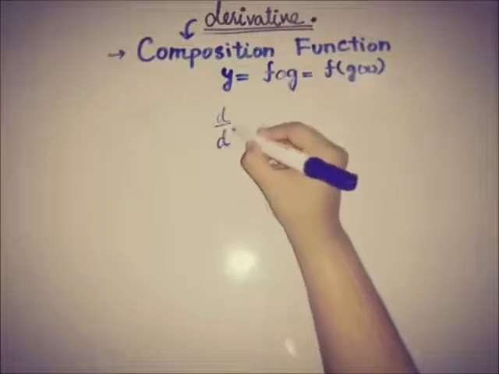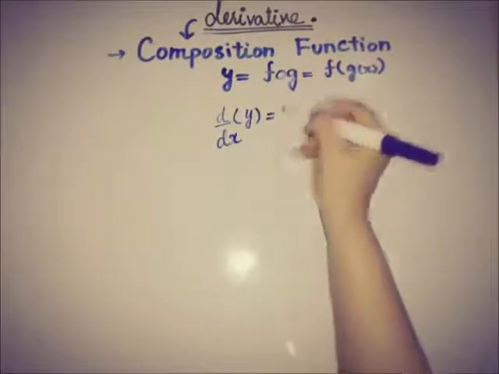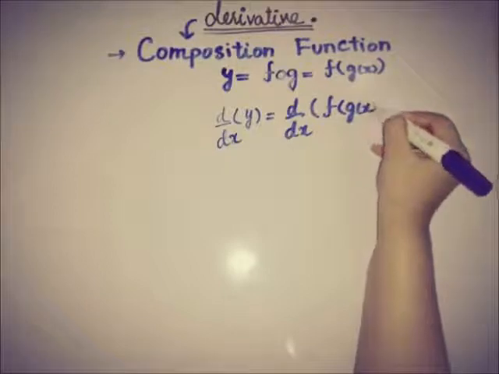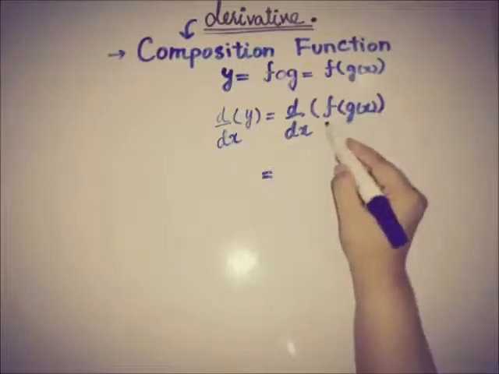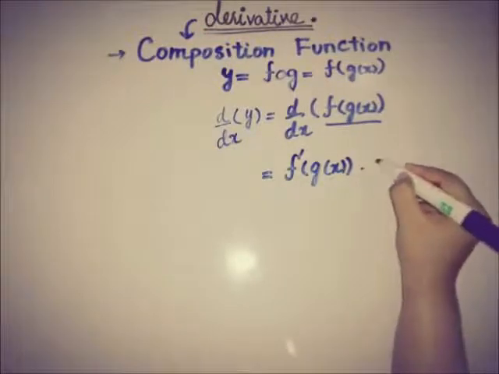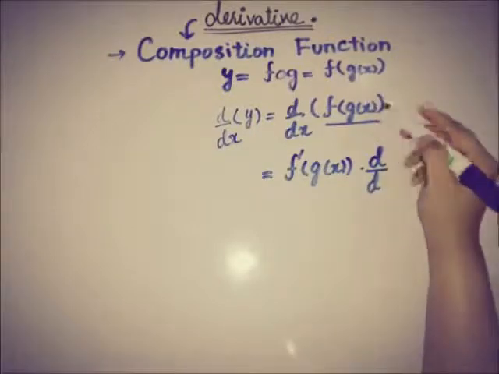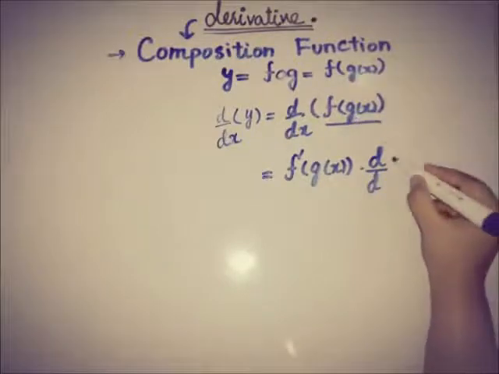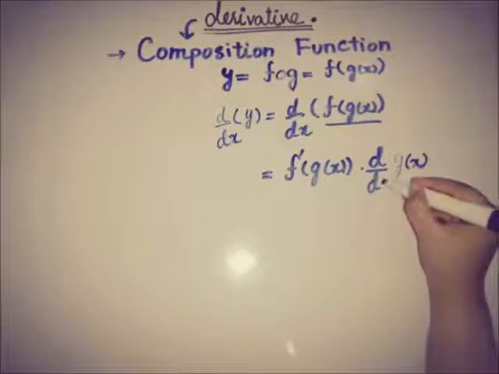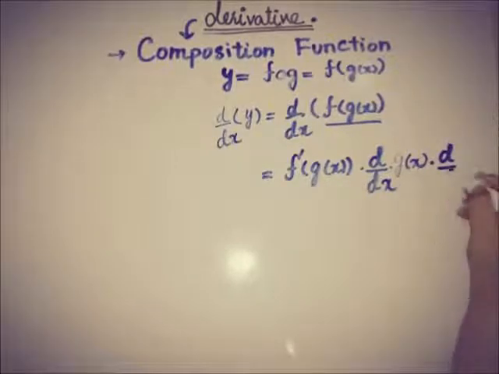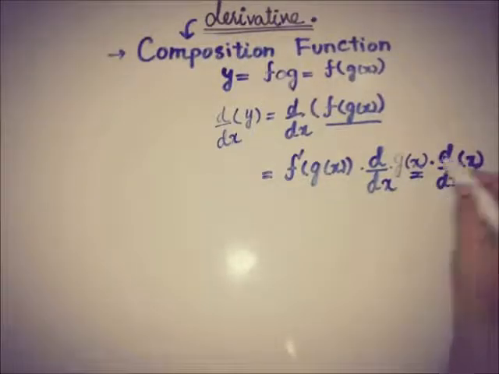So the rate of change of y with respect to x of this composition function would be the derivative of this function f, then the rate of change of this function on which f depends, g, so the rate of change of g of x with respect to x, and then again the rate of change of x, on which g is dependent.